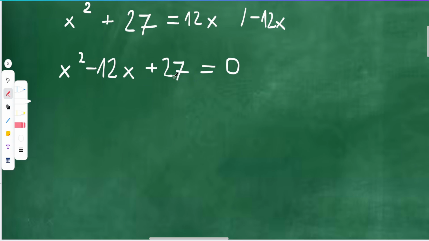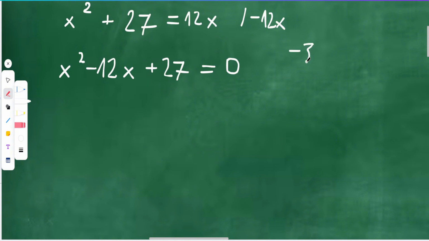I will use here the so-called factorization. I will not calculate the quadratic discriminant, that is the delta. I will just check what product gives me 27, and then I will add these numbers and check if I got minus 12. First of all, I noticed that there is a minus here, so I will look for the product of two negative numbers, so that the sum also gives a negative number.